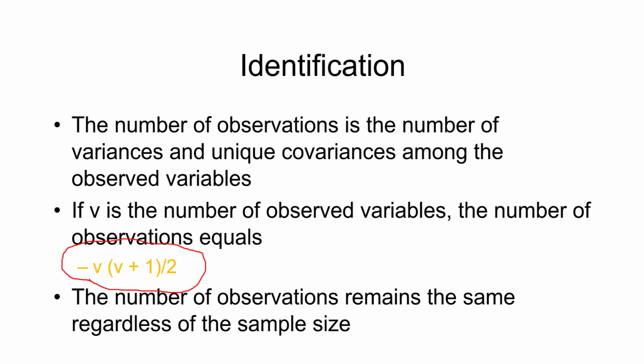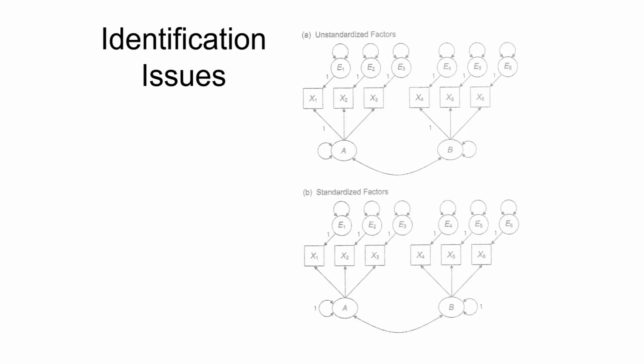So let me just show you in this. Without counting up all the pieces of information we have, we run into an identification problem. So we would have to estimate all of these parameters in this top model, and also all of these variances, this correlation, these variances, and so there's a lot of pieces of information to calculate.